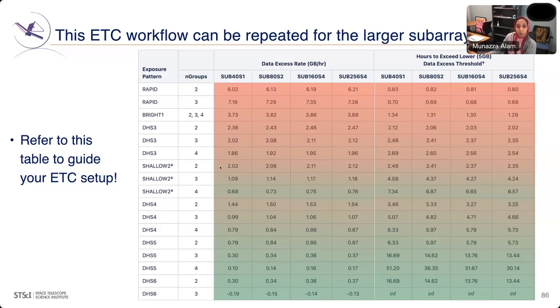This table will come in handy, and I'll show it again later on, but this is really what you're going to be looking at when checking your workflow for larger subarrays.